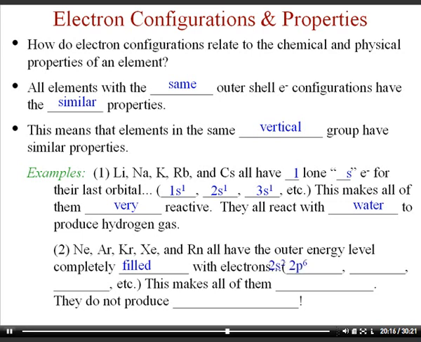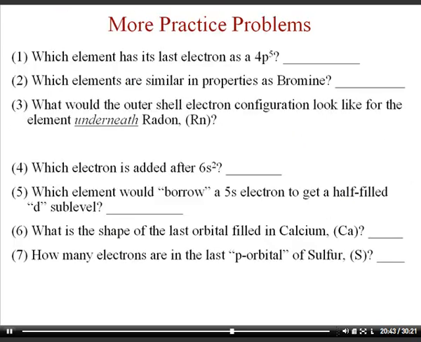My animation seems to be off a little bit, but the electrons are in the 2s2, it's filled, the 2p6 is filled, 3s2 and 3p6 is filled, 4s2 and 4p6 is filled, and this makes them all very unreactive, or inert if you want the fancy term for it. So they do not produce compounds under normal laboratory conditions, because when your electron orbitals are filled, there's no place for electrons to go, so you don't have any tendency to react with anybody.